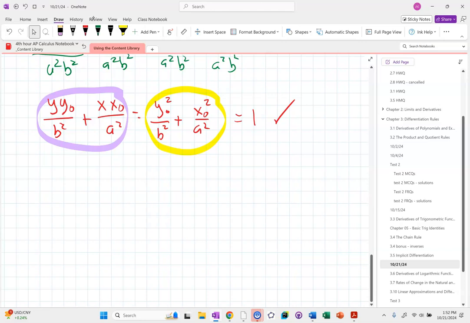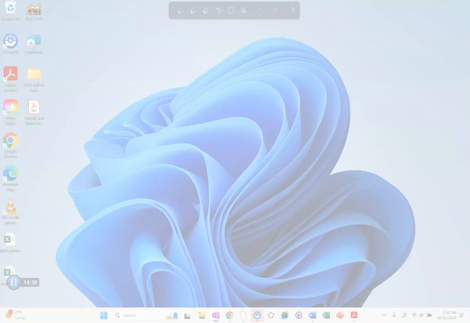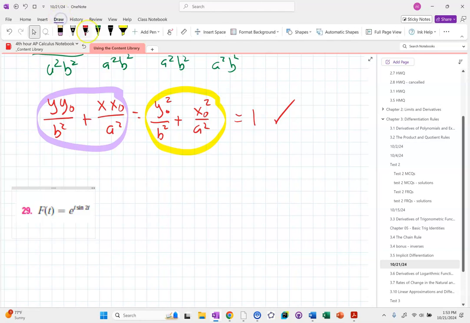Michael K. Look at number 29, section 3.4. Okay, so I have f of t equals e to the t times sine 2t. When I look at this, I see a chain rule, and then inside of that chain rule, I see a product rule.